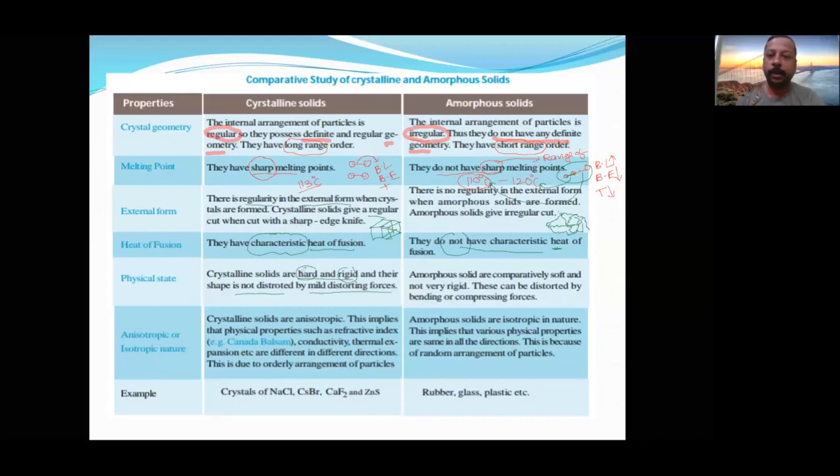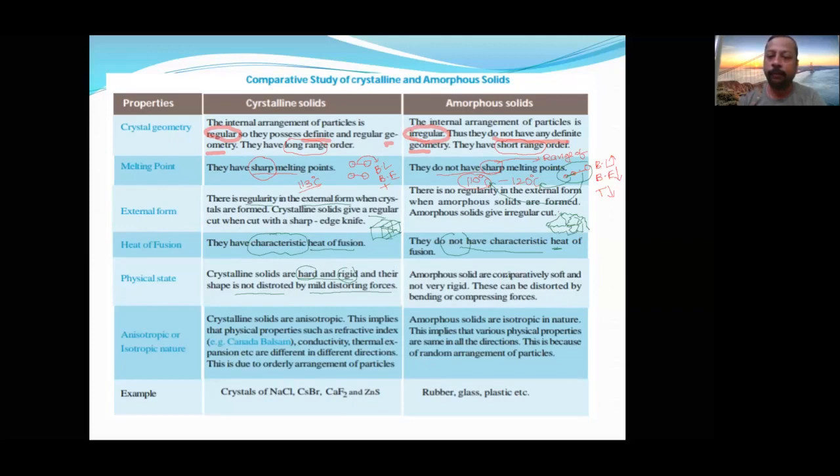The main reason behind the hard and rigid nature is the presence of ionic bond. I say most of the crystals, because there are other chances also. What are those other chances and their examples, and what properties are allotted to them because of their intermolecular forces, we are going to study. But here, mostly the hard and rigid nature of crystalline solids is because of the presence of ionic bond.